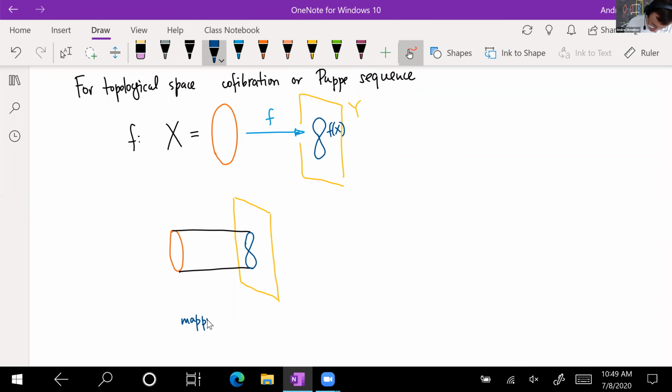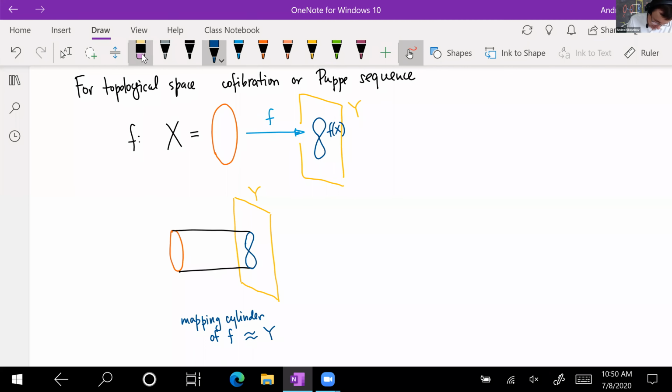So this is the mapping cylinder of f, and this is my Y. It's clear that this is homotopy equivalent to Y itself.